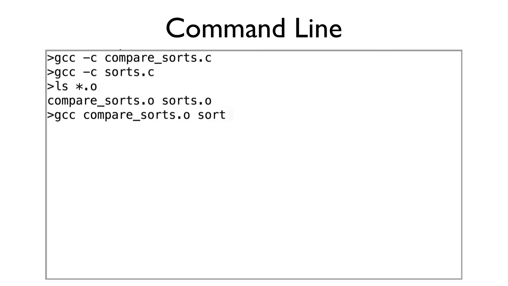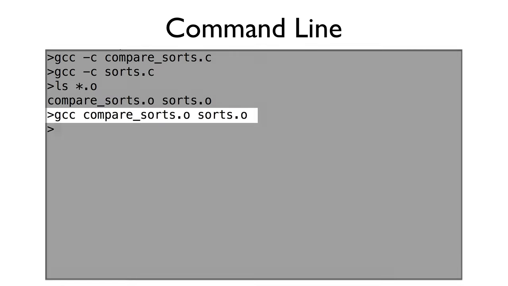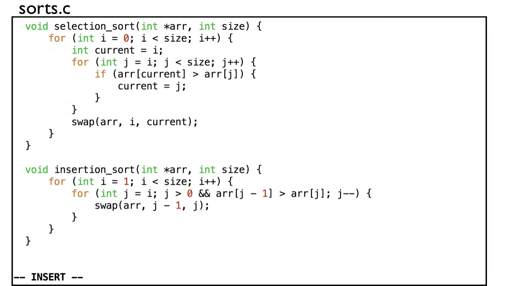This is called separate compilation and has a few advantages. For example, here I've separately generated the object files for my two source files and then linked them. Now, imagine that you have a very large project with thousands of files and want to make a small change to a single file.